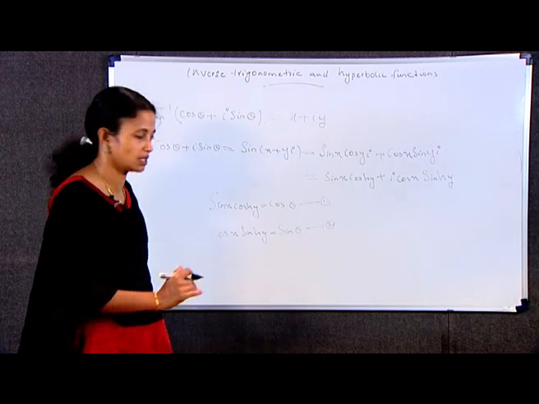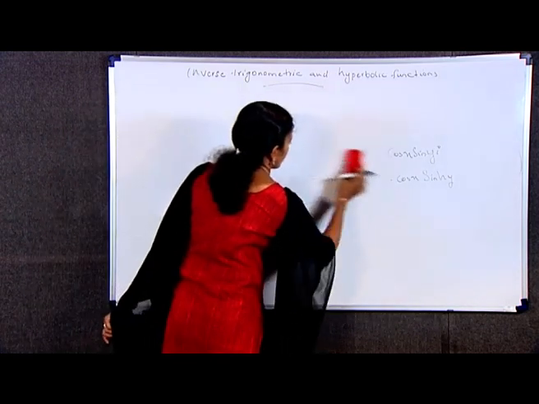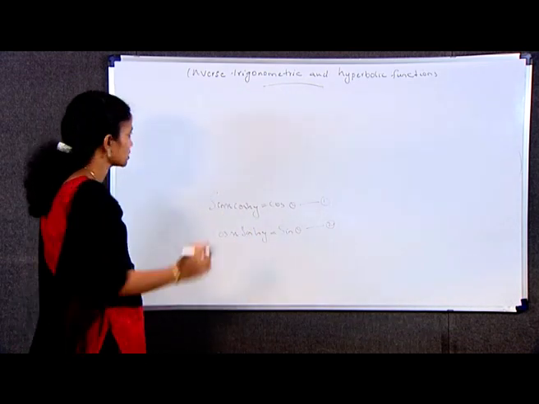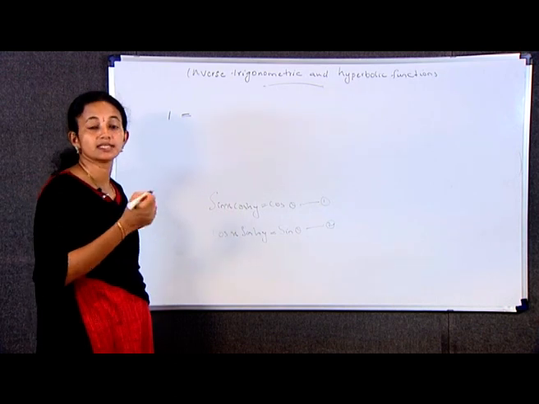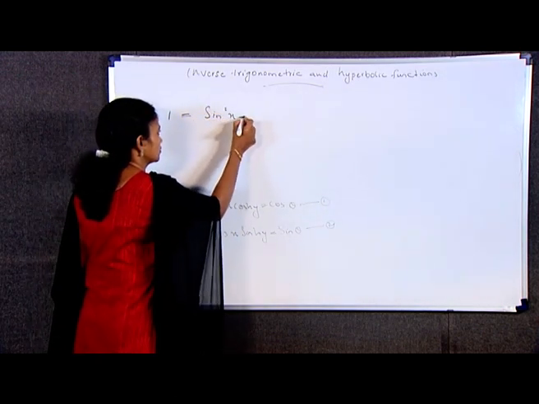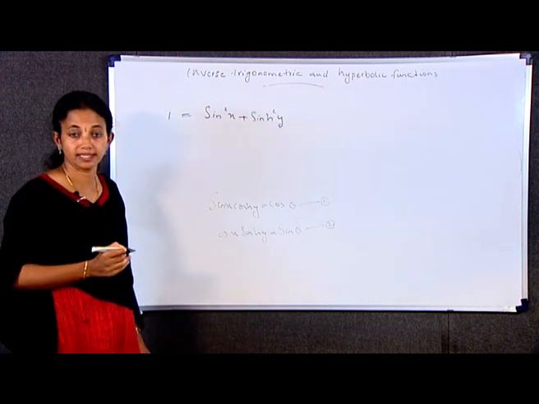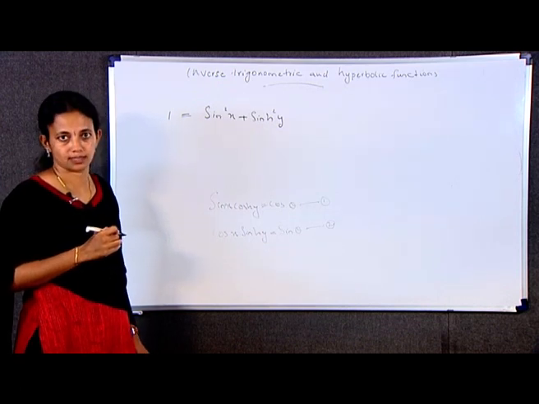Which is again equal to what? That is, 1 is equal to sin square x plus sin h square y. Hence, sin h square y is equal to cos square x.